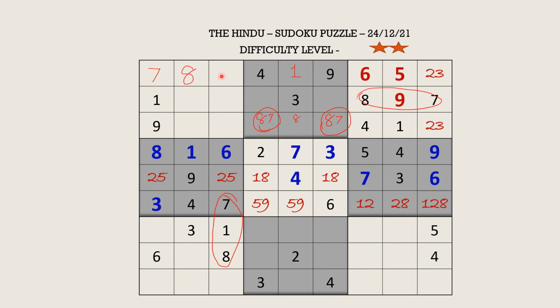Fine, so that leaves only one empty cell. We have another cell having 2, 3. So this pair will take the complementary pair 2, 3. Fine, now we have 4 blocking here, this 4 blocking here. So this could be a 4.